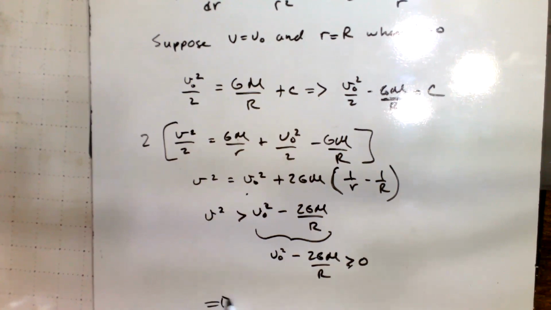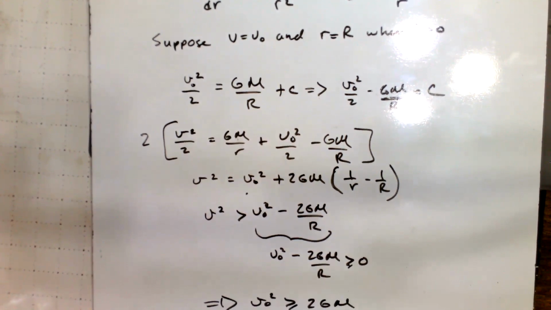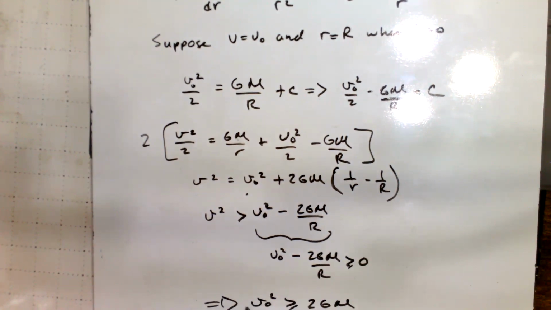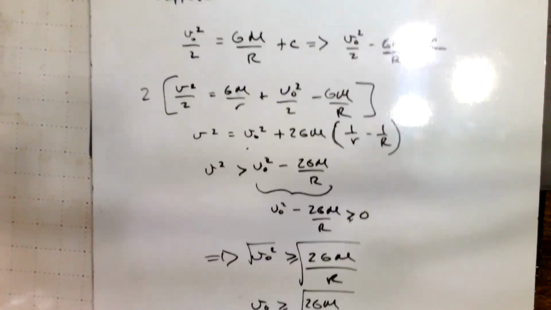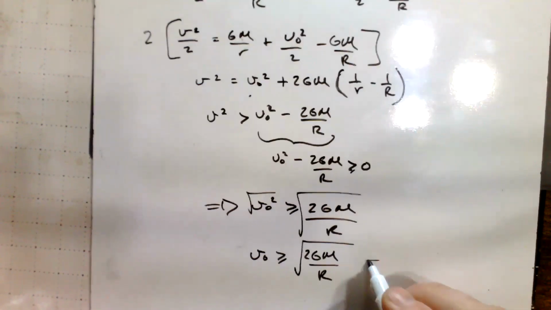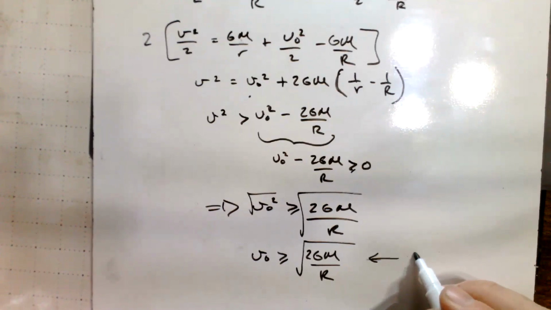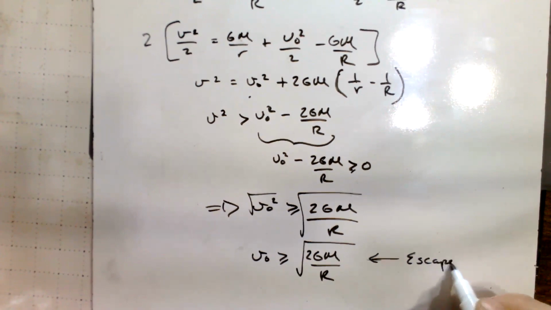Which implies that if I move this over, I get v naught squared greater than or equal to 2gm over R. Taking the square root of that, we're talking about the velocity, speed really, v naught has got to be greater than or equal to the square root of 2gm over R. And that would be then the requirement for the escape velocity.